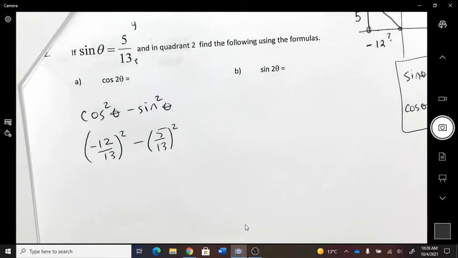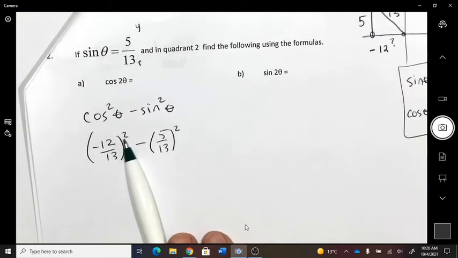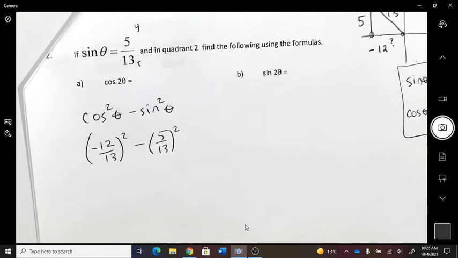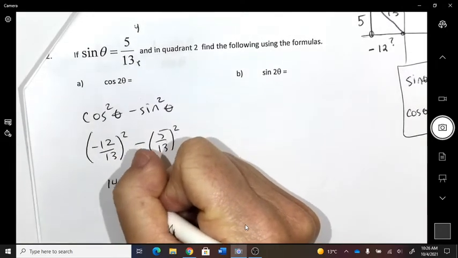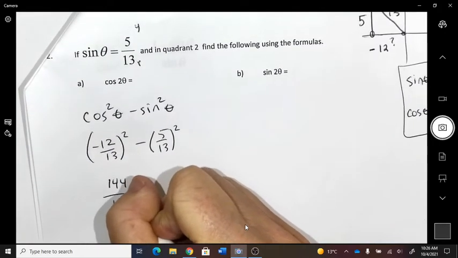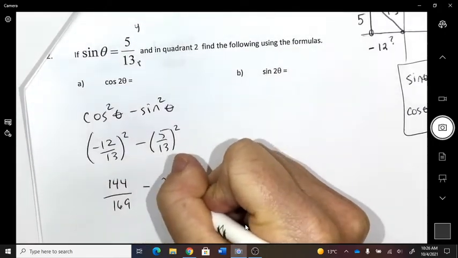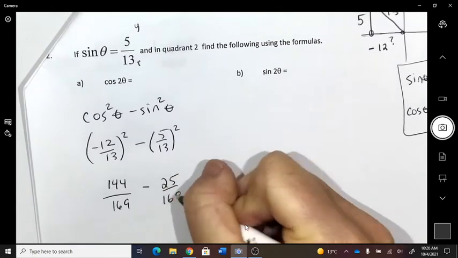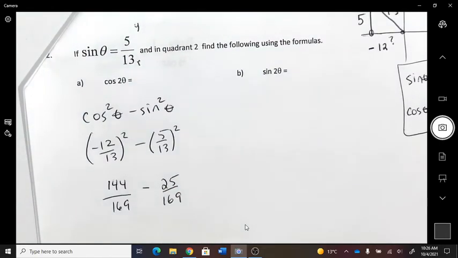Okay, here's the biggest spot for a mistake to happen. Squaring this. What kind of 144 is it? A positive or a negative? Positive. So make sure positive, negative stuff is good.